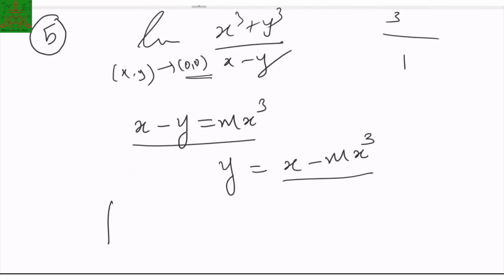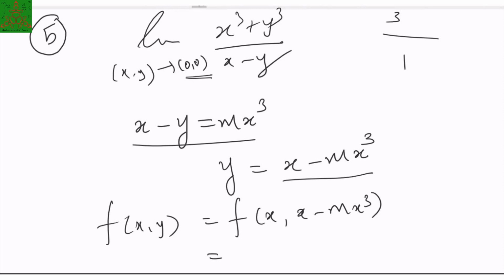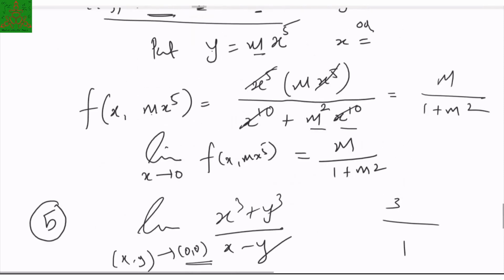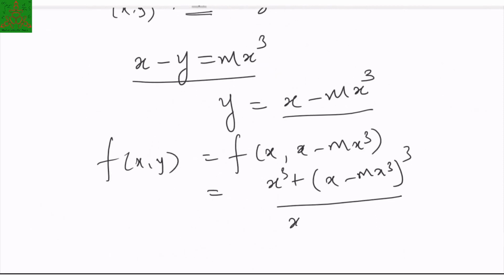So f of x, y, I am putting x minus m x cube, that gives me x cube plus x minus m x cube whole cube upon, the denominator is x minus y, so it is x minus m x cube.